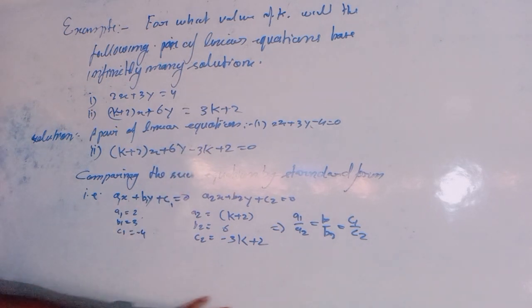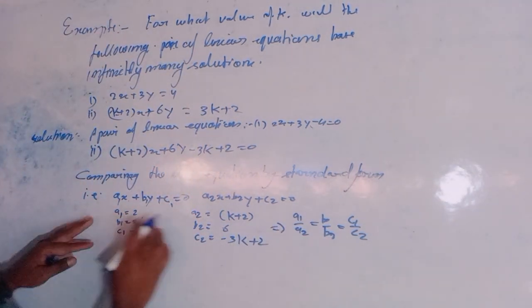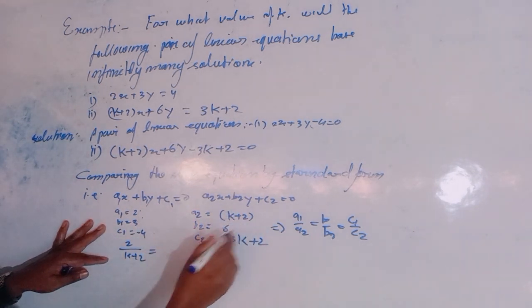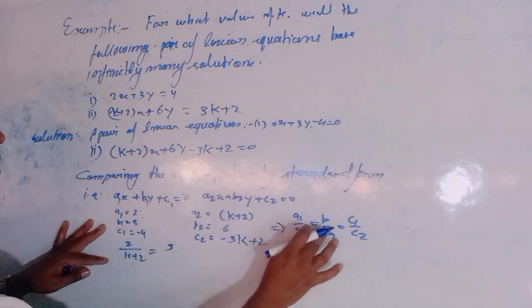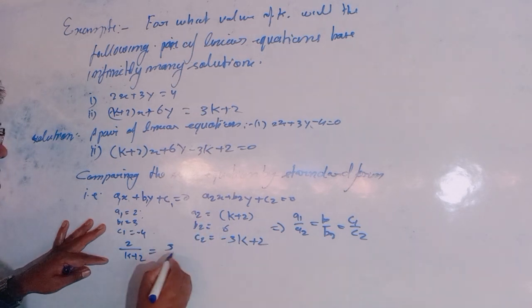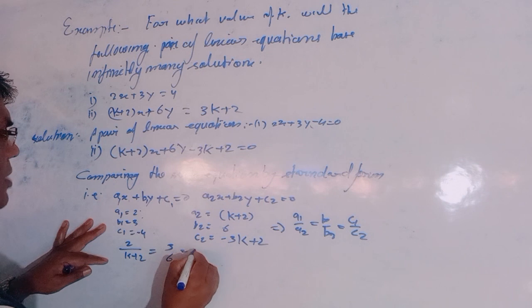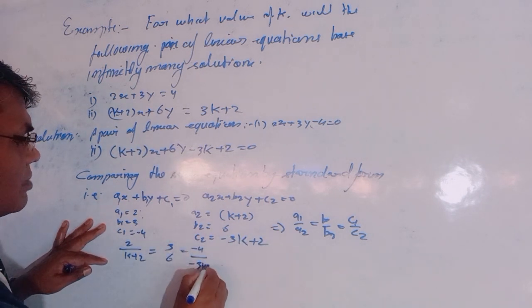So it's telling us that if we compare, a1 is 2, so 2 by a2, which is k plus 2, is equal to b1 which is 3 by b2 which is 6, is equal to c1 which is minus 4 by c2 which is minus (3k plus 2).